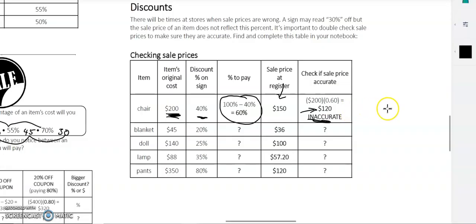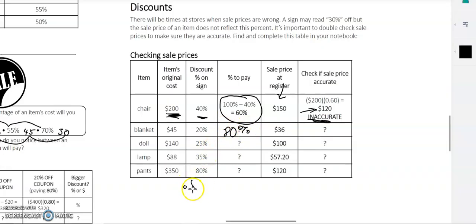Okay, we'll do the blanket here, just to give you another look at this, and then you can do the rest of these tables on your own. So we have a $45 blanket with 20% off. If the discount is 20, then we're paying 80%.